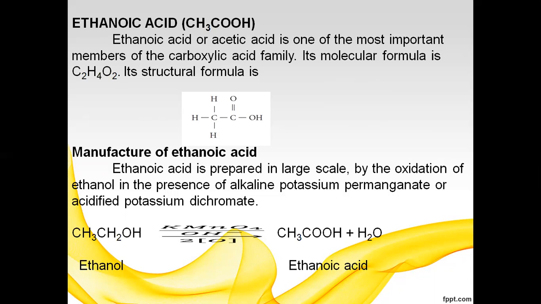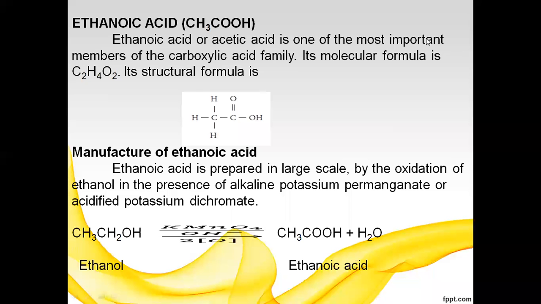How is ethanoic acid manufactured? Ethanoic acid is prepared on a large scale by the oxidation of ethanol in the presence of alkaline potassium permanganate or acidified potassium dichromate.